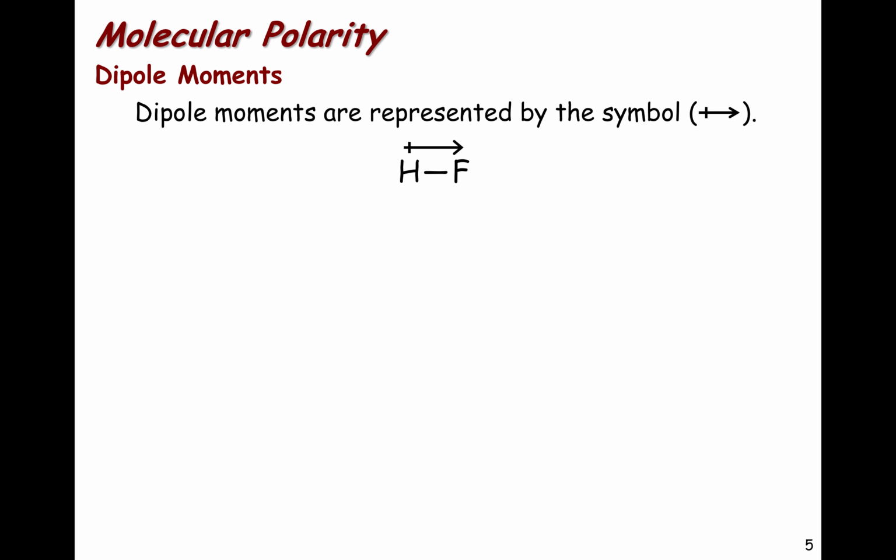In the case of a molecule having only two atoms, as in HF, this is relatively simple because this vector is pointed right along the bond. The tail of the arrow is given the plus sign for the positive end of the molecule, and the head of the arrow is the negative end of the dipole. The length of this arrow is proportional to the magnitude of the dipole moment.